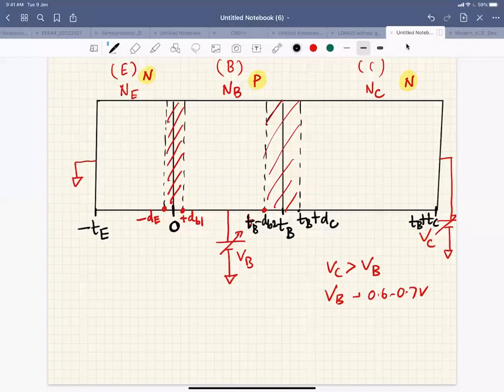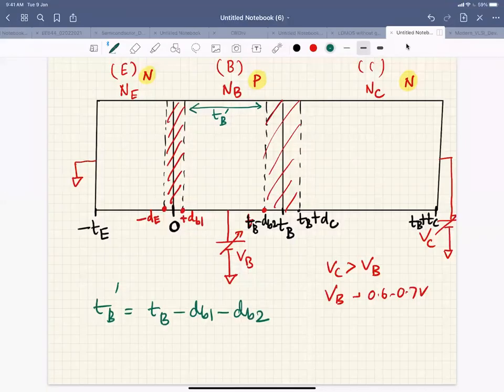So I have a neutral region here. This is TB dash, the thickness of the base neutral region, and it is nothing but TB minus DB1 minus DB2.